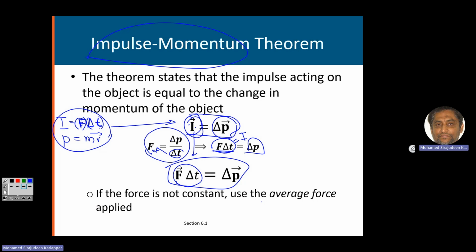If we apply the same force for a longer period, it will be a greater impulse, so the change in the momentum will also be greater. So this concept of impulse has a deep meaning and is very useful. That's why we call the product of F and delta t impulse.